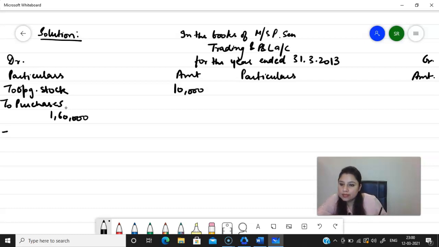So less return. Since I have less space here, I am using the short forms. However, while you are solving your particular question, you do not have to use these short forms. So return outwards would amount to 10,000.